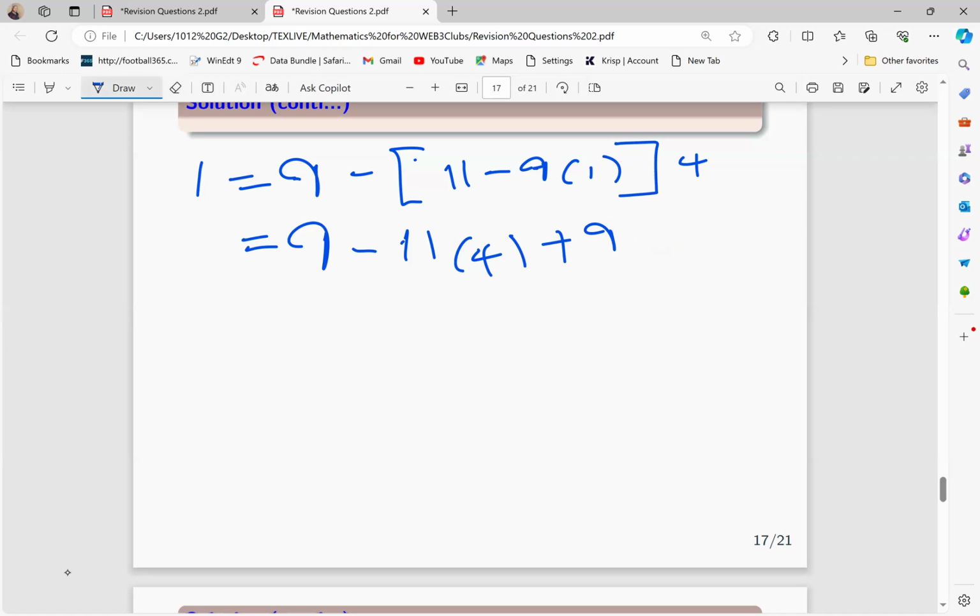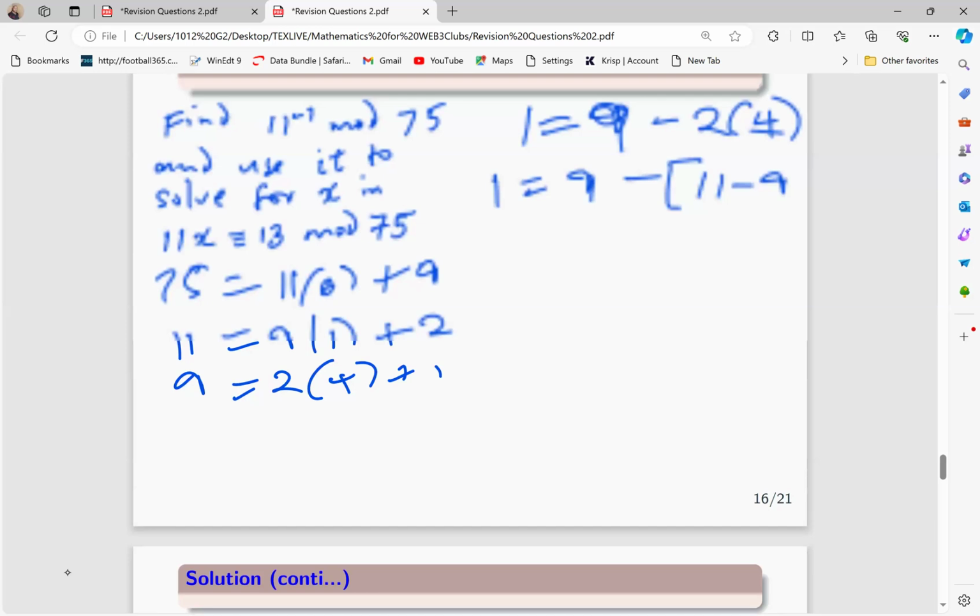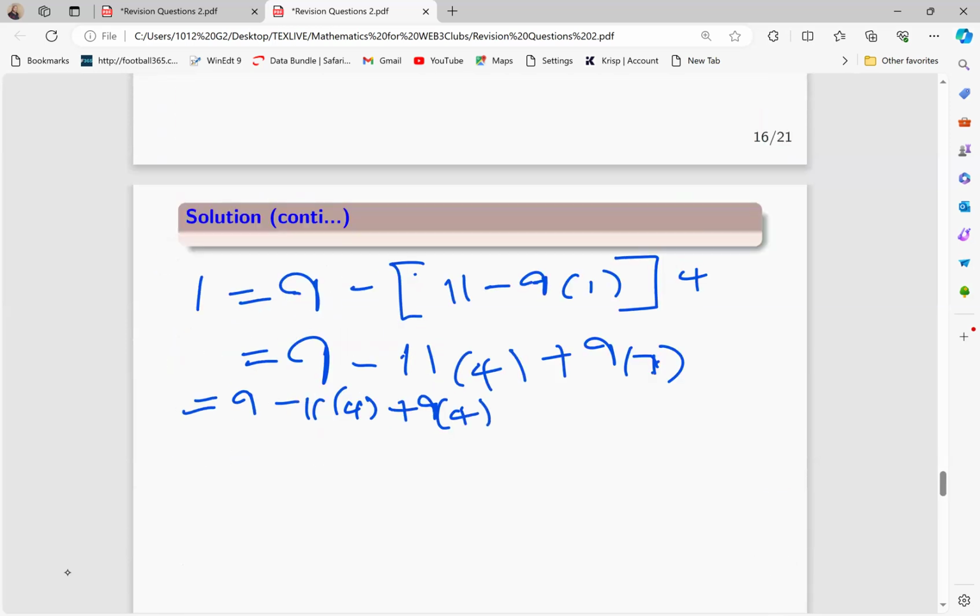Okay, so and then from there, like terms.